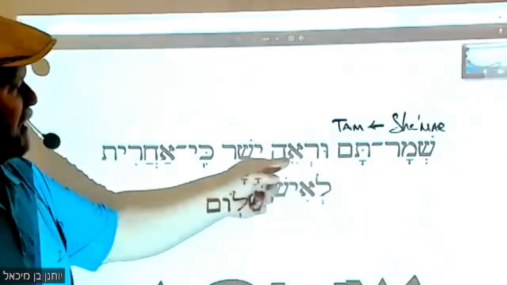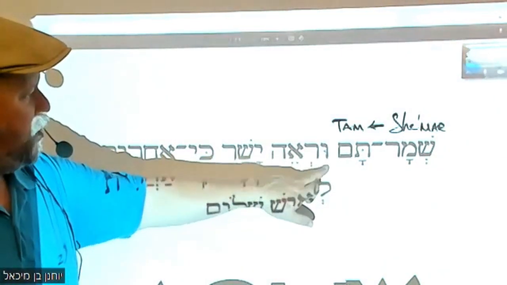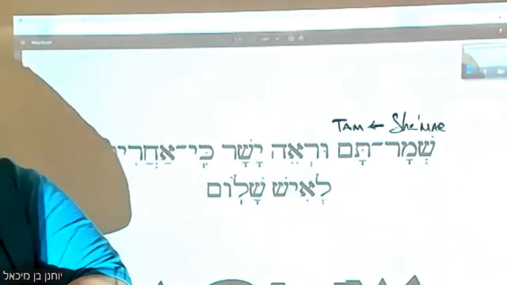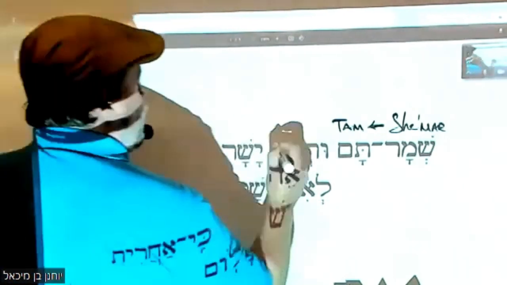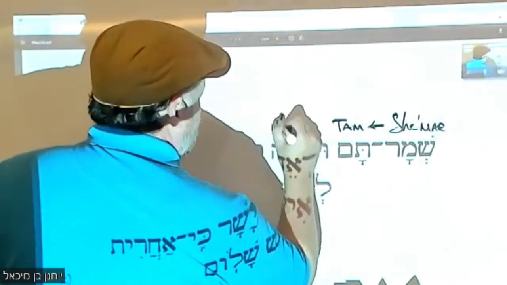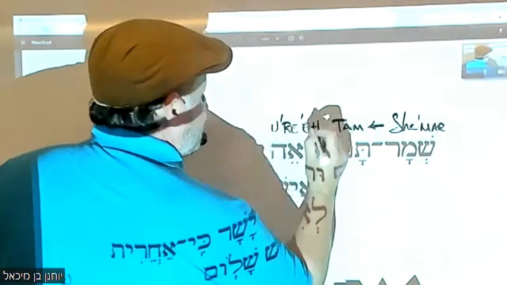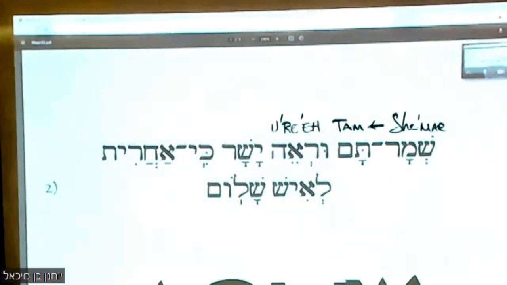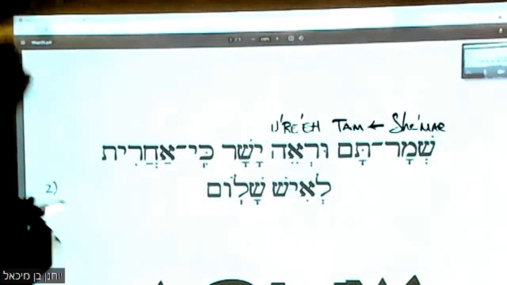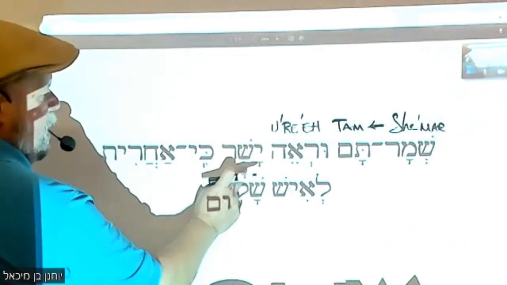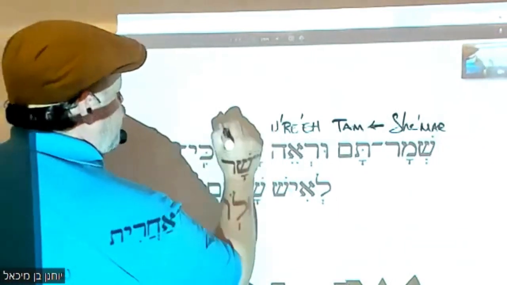So how do we pronounce this word? U re. Quick, long. What's the next word? Yashar, right? Yud a sh r. Yashar.